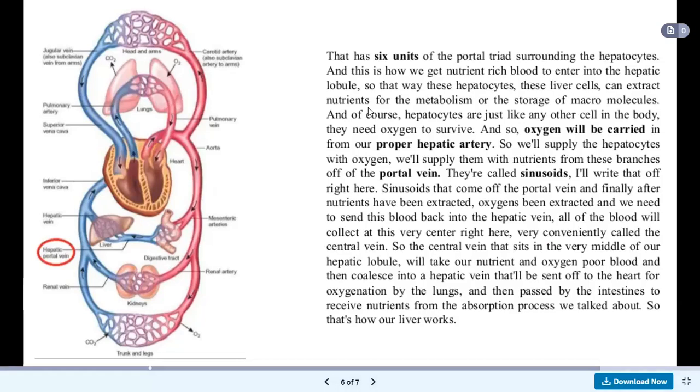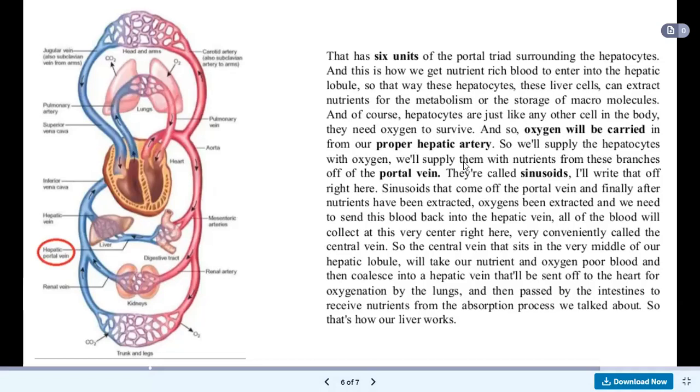Now, hepatocytes are just like any other cell in the body, so they need oxygen to survive. That is why oxygen is carried in from the hepatic artery, the proper hepatic artery. So the hepatic artery supplies the hepatocyte with oxygen.